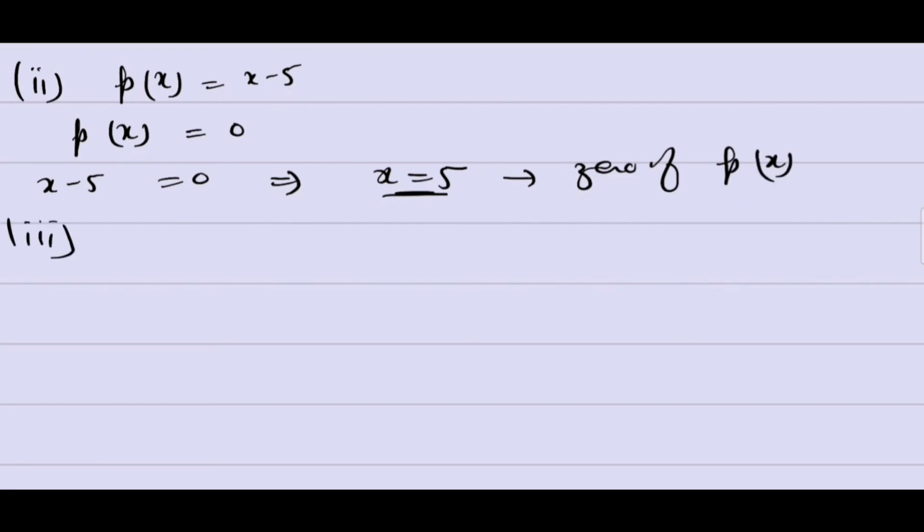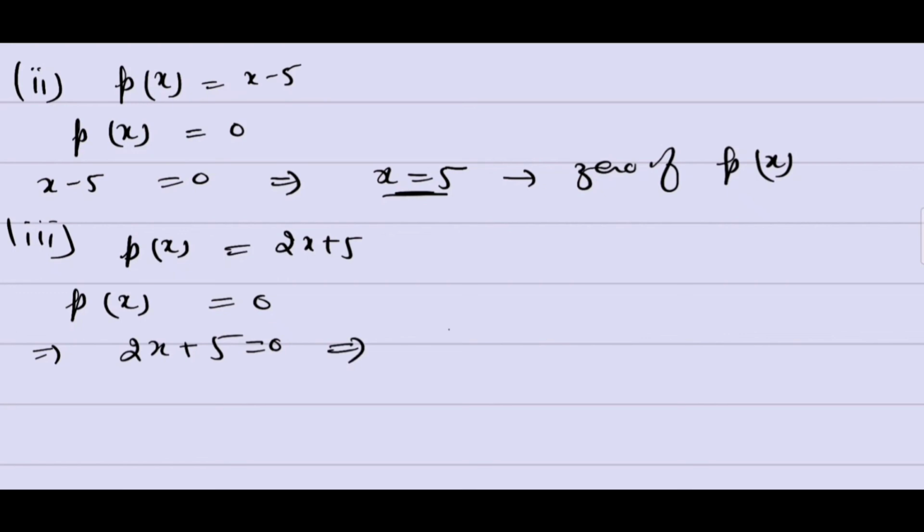So third question here we have p(x) is equal to 2x plus 5. To get the 0 of this polynomial, I will equate this with 0. So I will get 2x plus 5 is equal to 0. This implies x is equal to negative 5 by 2, and this is the 0 of p(x).